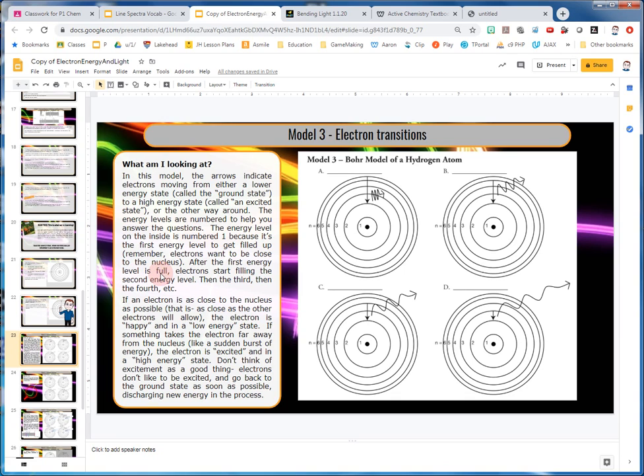So after the first energy level is full, then other electrons start filling up the second energy level, and when that's full, then the electrons fill up the third. It's kind of like seats at the movie theater. Not everyone always wants to sit in the front row, but there are certain seats that are more popular. A lot of people like to sit in the back. A lot of people like to sit in the middle. And if you are early and the theater's empty, then you get first choice.